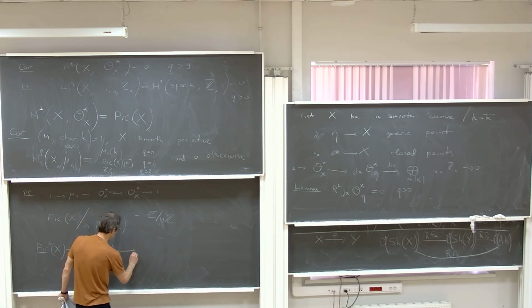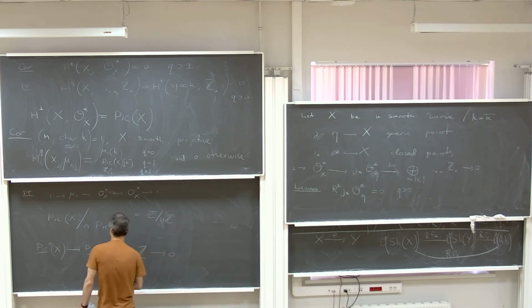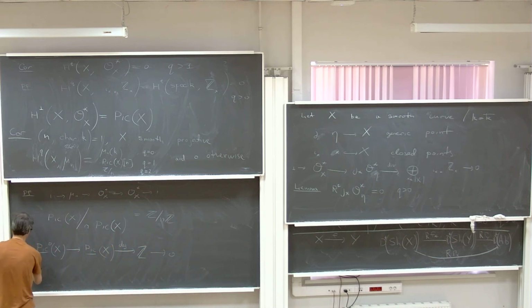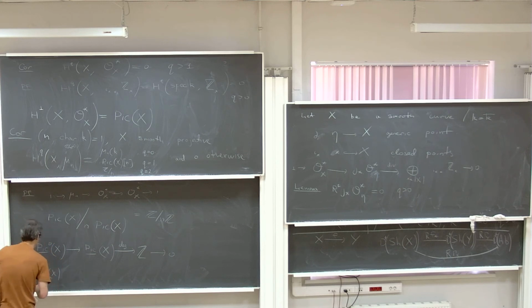And the quotient, this is the degree map, is Z. Because my field is algebraically closed, it follows that the same is true if you just consider K points of this guy, you still have the same exact sequence. And so this is an abelian variety.